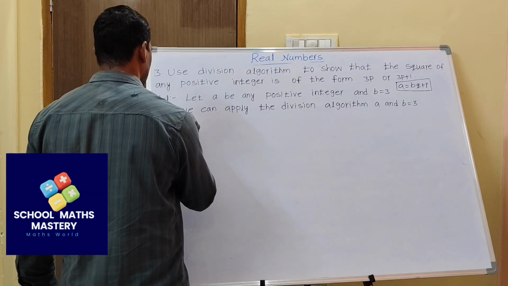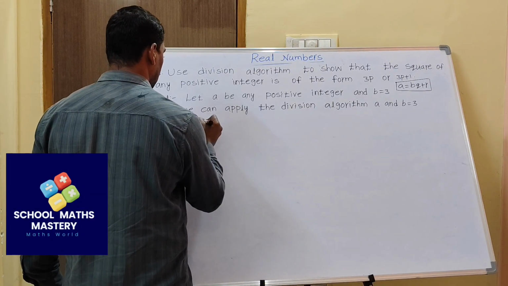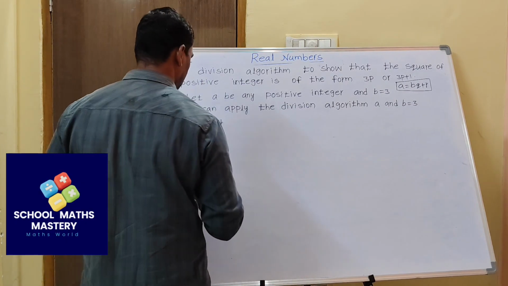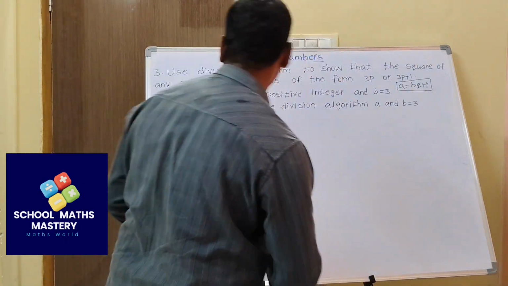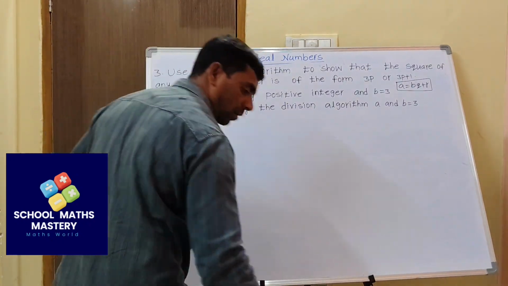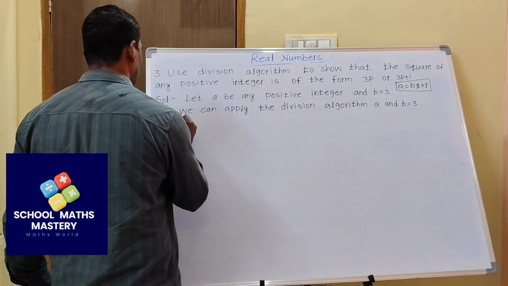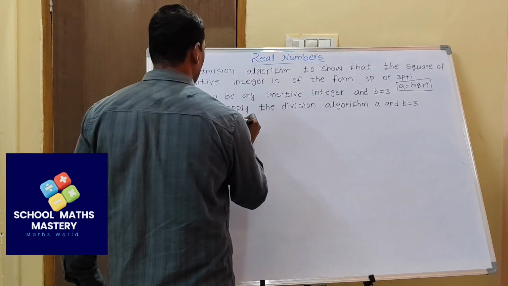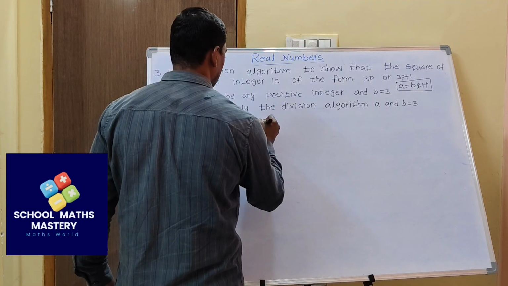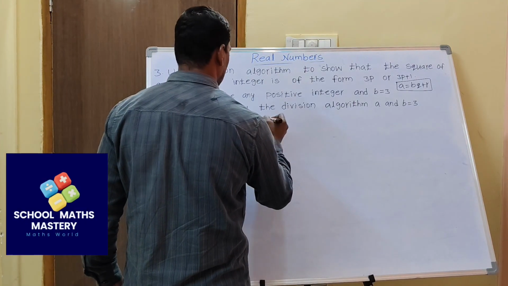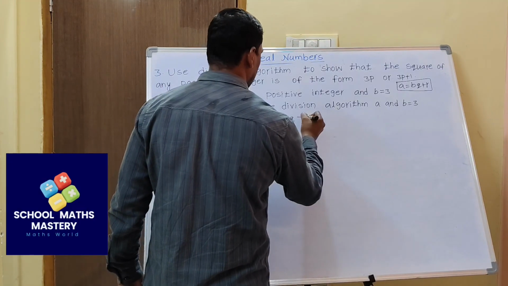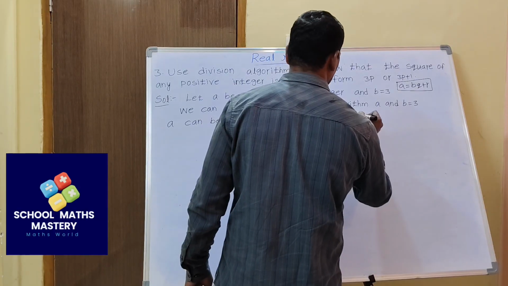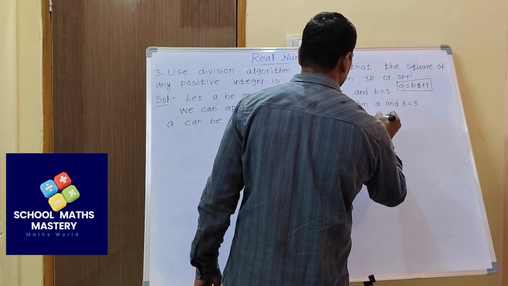We get the possible a: a equals 3q plus r, q greater than or equal to 0 and 0 less than or equal to r less than 3.